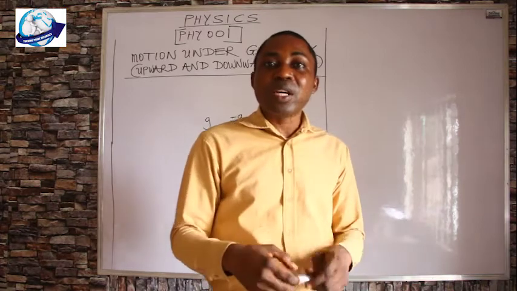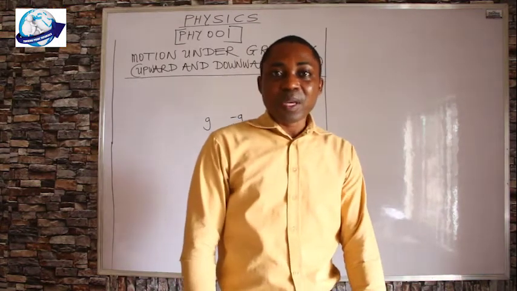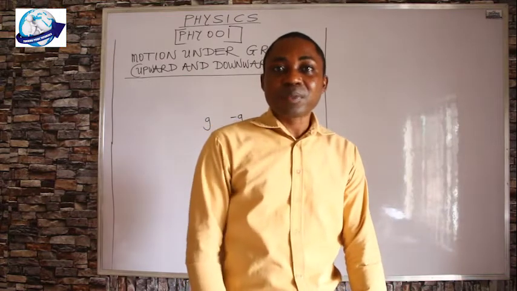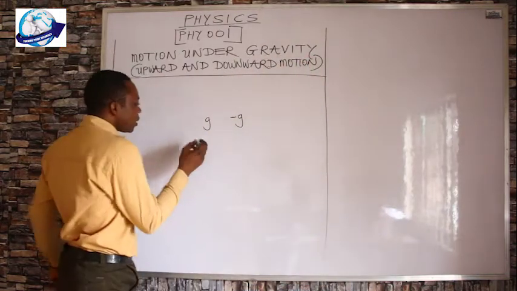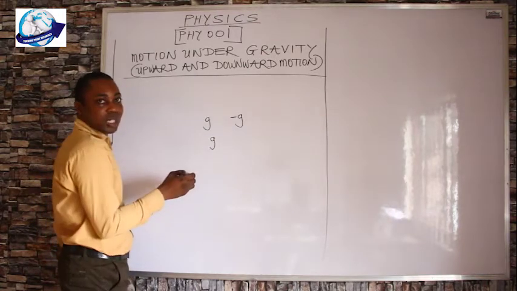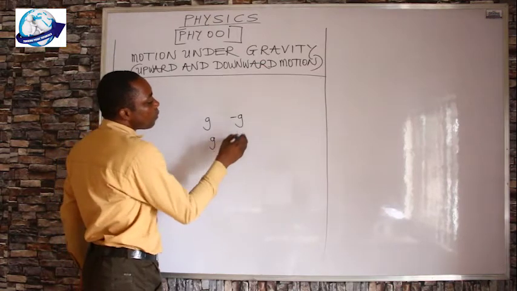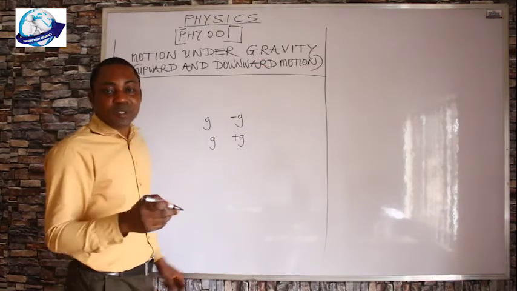It is moving in the direction of the gravitational acceleration, so it will experience a positive acceleration. You know quite well that the acceleration is g, small letter g, and in that case it will have a positive acceleration, positive g.